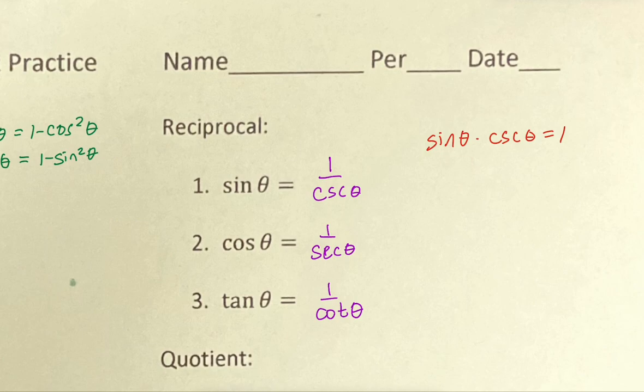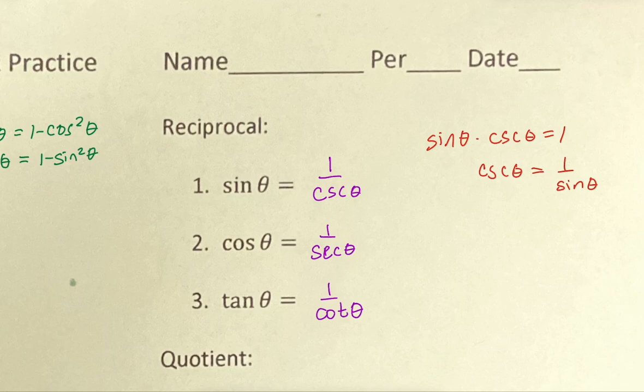Another variation is to just switch places between the sine and the cosecant. So you could also tell me that the cosecant is 1 over the sine. Each one of those has two variations that you could give to get yourself some bonus points.